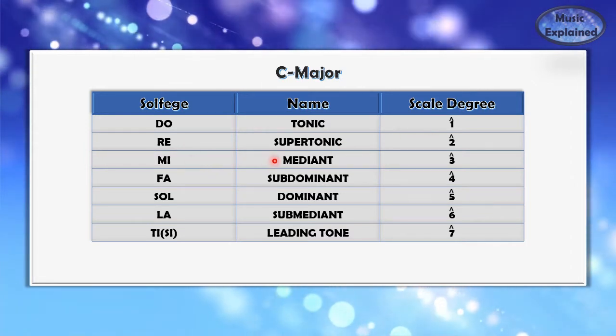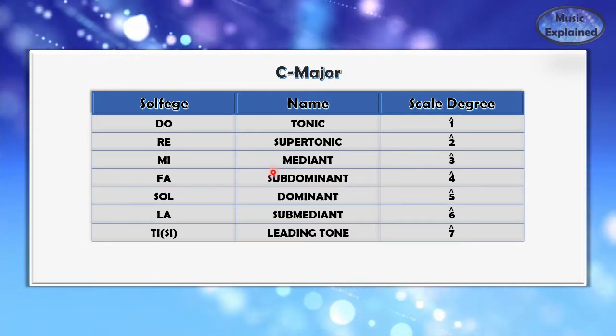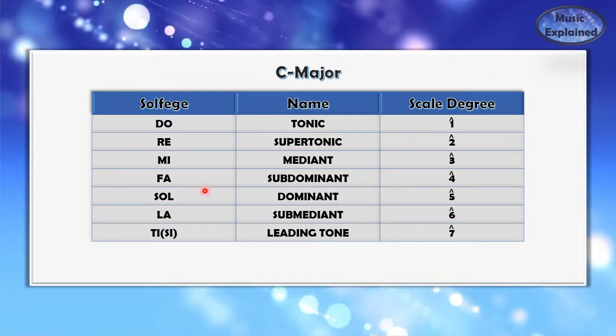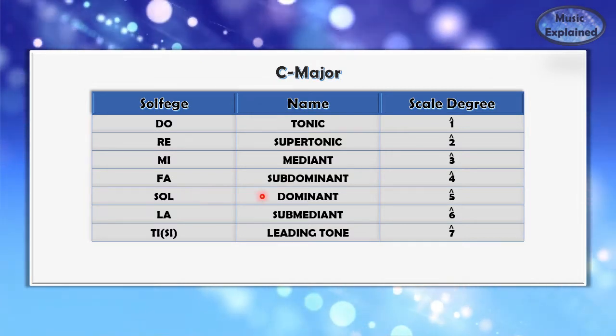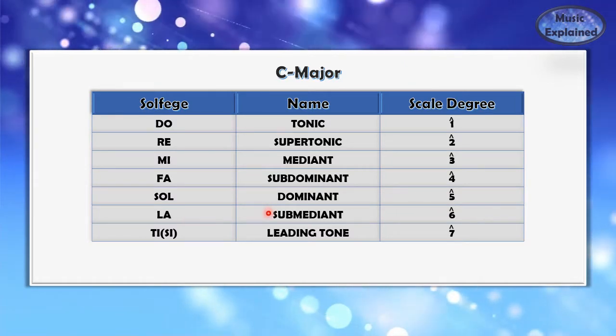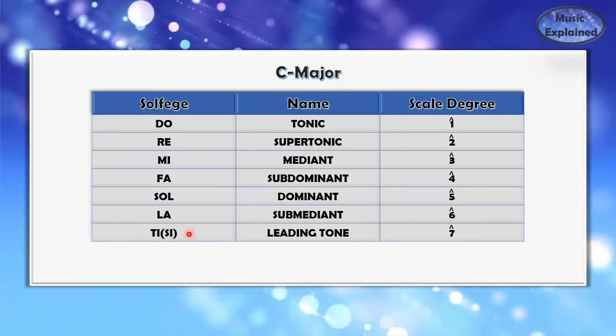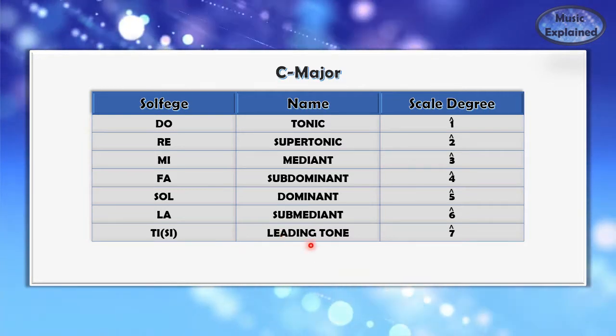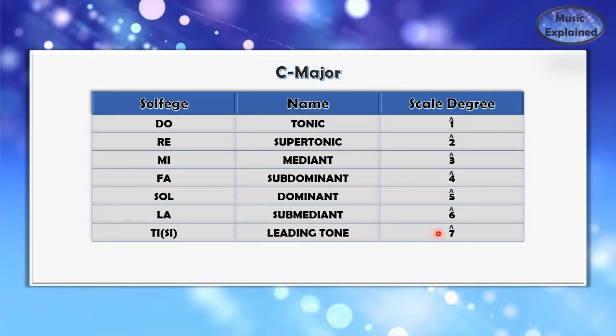Mi is a mediant. Number 3. Fa is a subdominant. 4. Sol is a dominant and is 5. La is a submediant. 6. And ti, or te, is a leading tone, and that one is number 7.